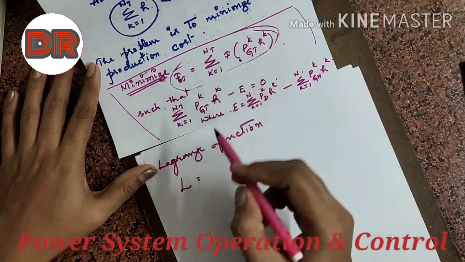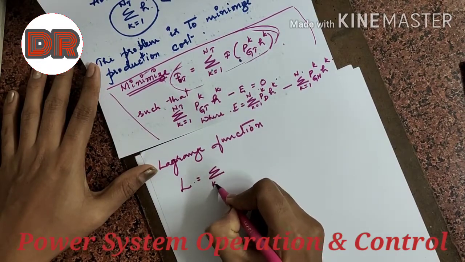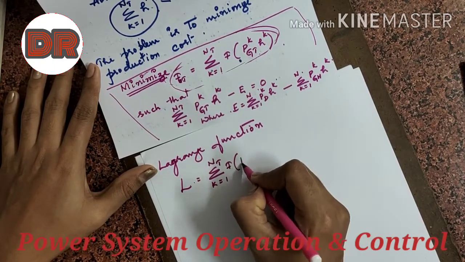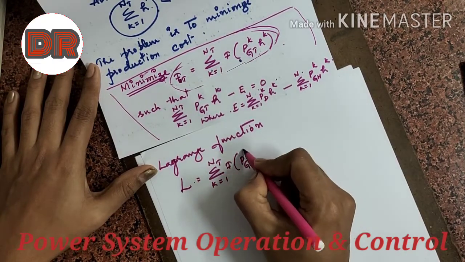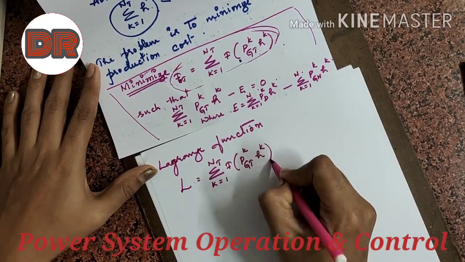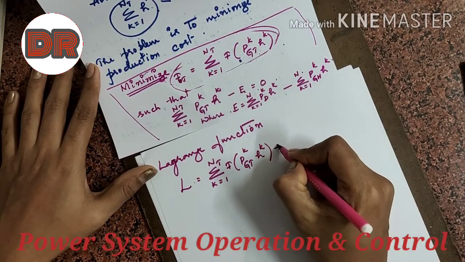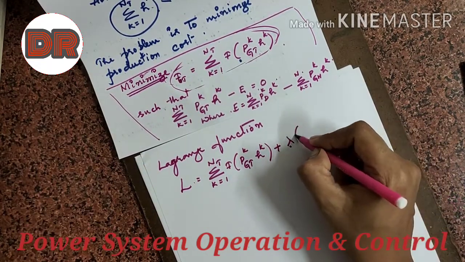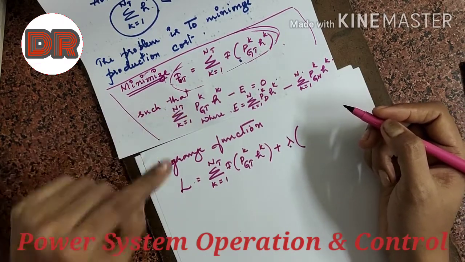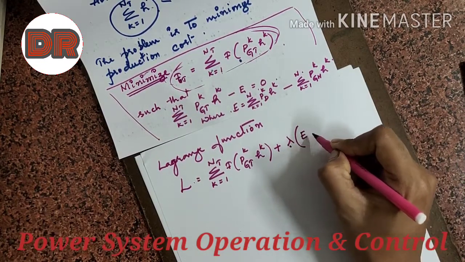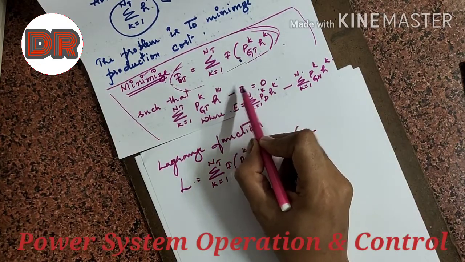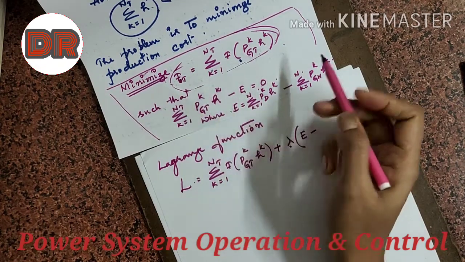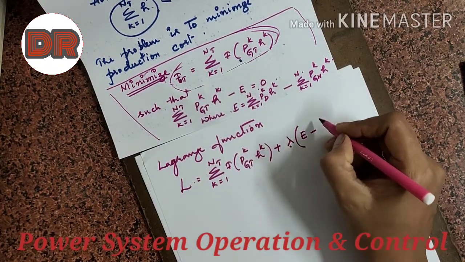So let me write L equal to summation k is equal to 1 to NT, Pgt k Hk. So this is the statement we have written, plus lambda. Lambda is a Lagrangian multiplier, we say, into the constraint. So the constraint I can write as E minus this. I can write the same statement, if I take it to the other side, as E minus this, because I don't want the summation here, that is why I am writing it like that.